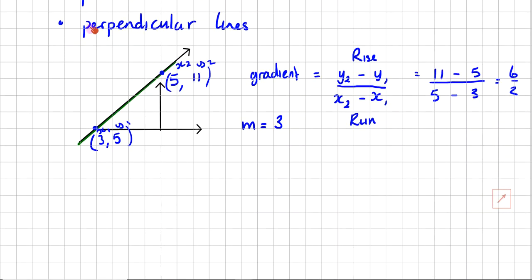So for instance, if we've got a line that goes this direction, and this coordinate would be -1, 5, and this coordinate would be 6, 19.